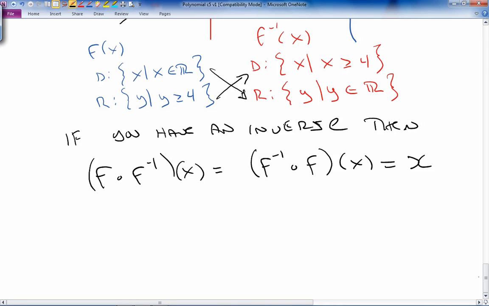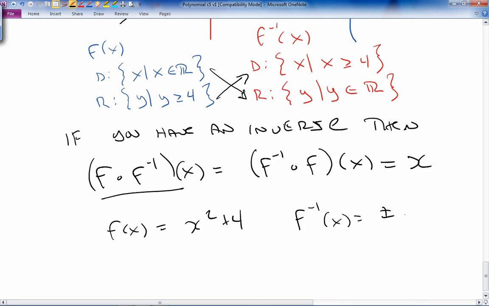So in this case, I'll look at this composition. I had a function of x squared plus 4. The inverse was plus or minus the square root of x minus 4.